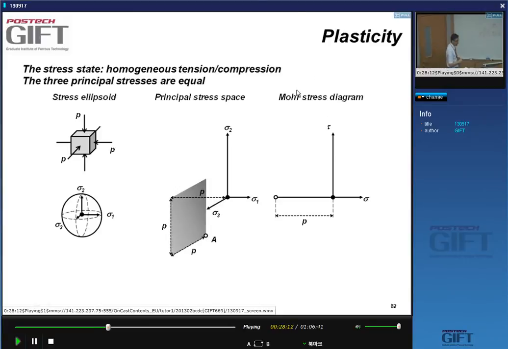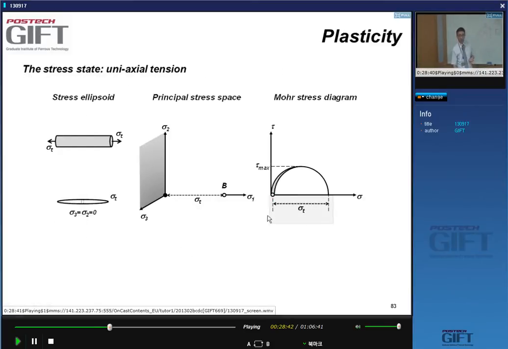And in the Mohr stress diagram, I should have 3 circles, which are defined by the differences in the principal stresses. Well, they're all equal, so on the x-axis, we just have a single point instead of circles.